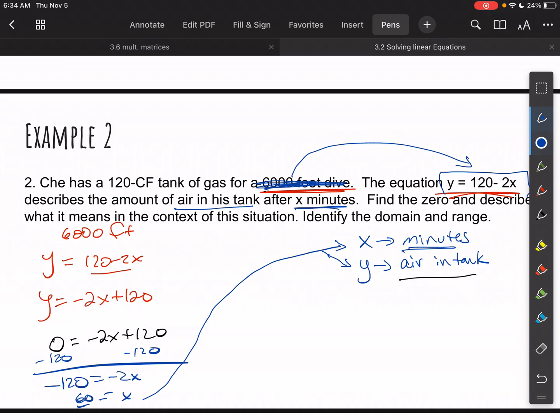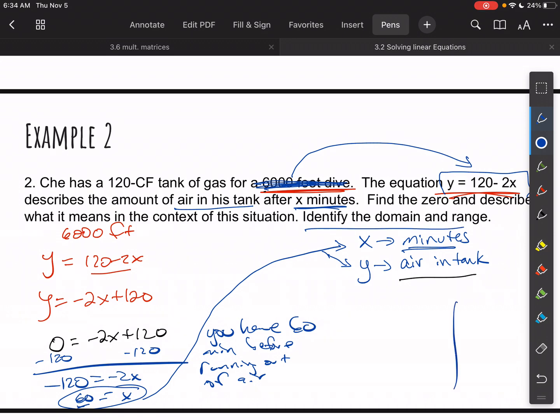So the 0 is X equals 60, and the context is you have 60 minutes before running out of air. That's the context. And then it says identify the domain and the range.